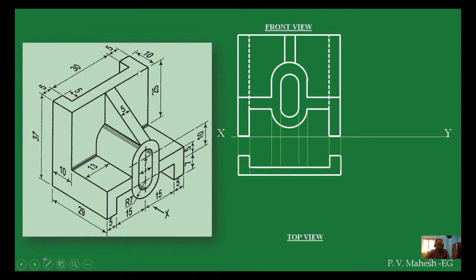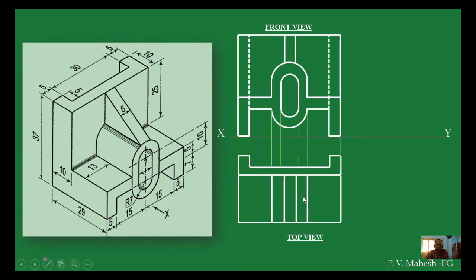Then what I will see is this curved shape. This curved shape, if I see from top, will become a straight edge, and one rectangle kind of thing will be visible. Now this edge, and behind this there are two edges.